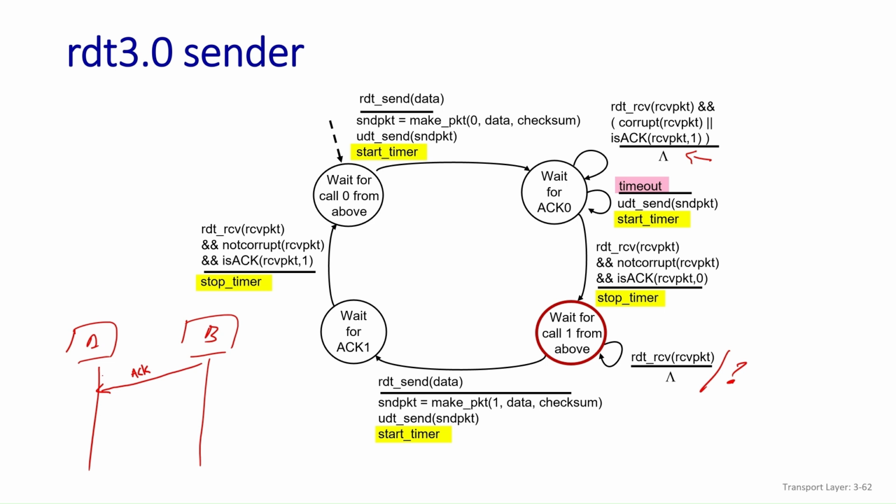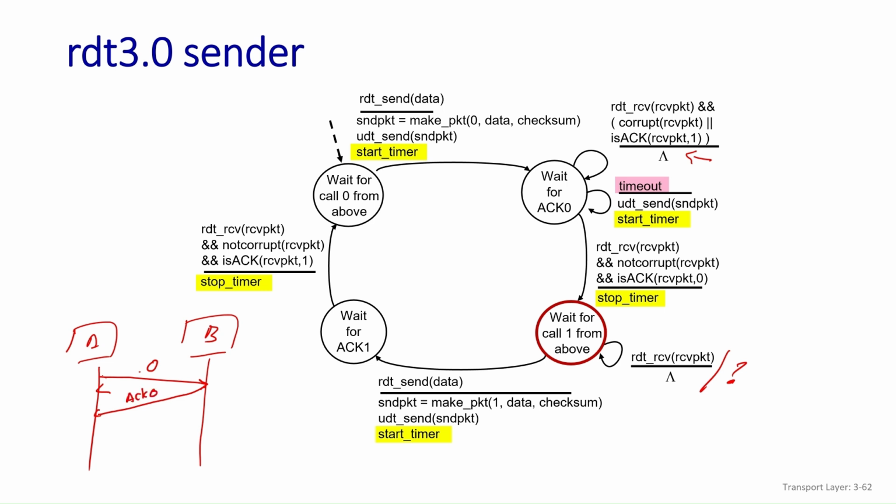What do you think? What is going on? Let me complete this scenario, so that you can answer my question. So let's say it has transmitted packet number zero. It receives the acknowledgement for zero, right?